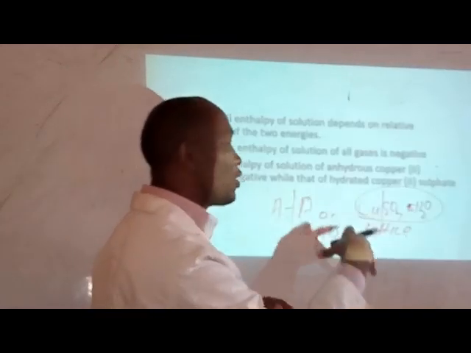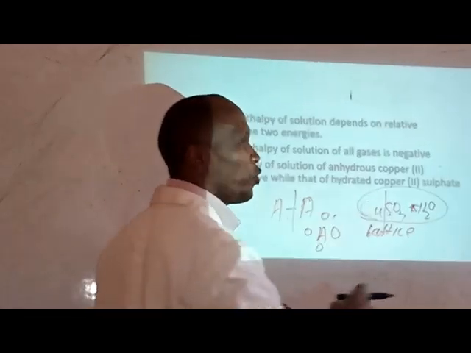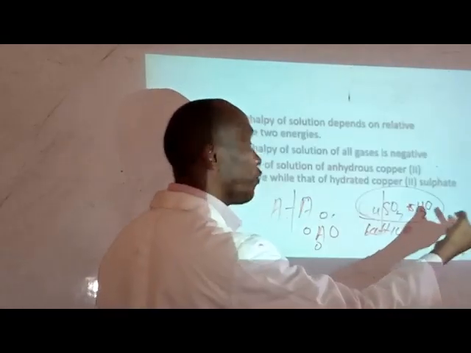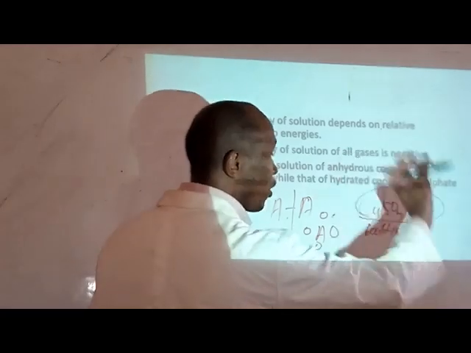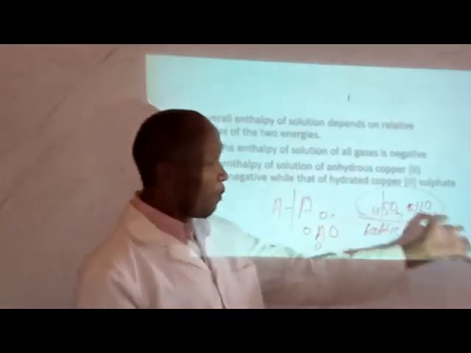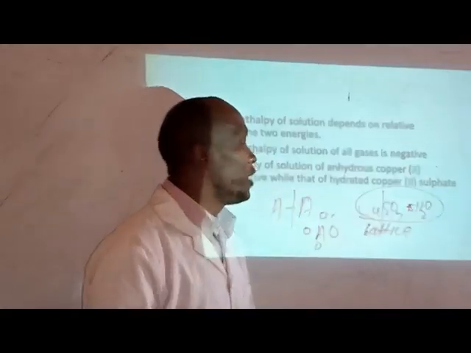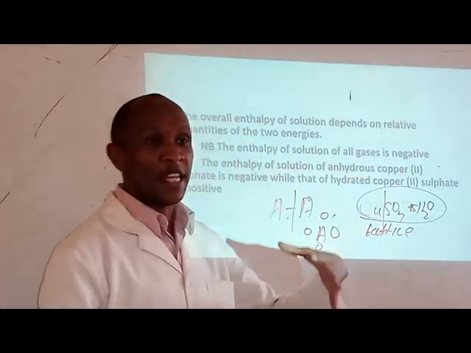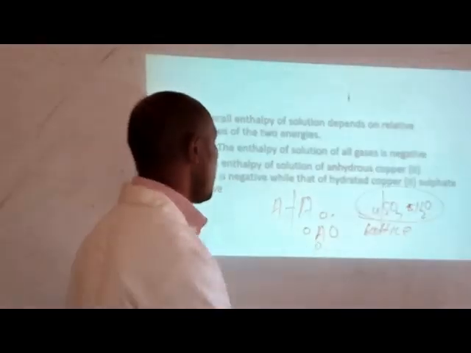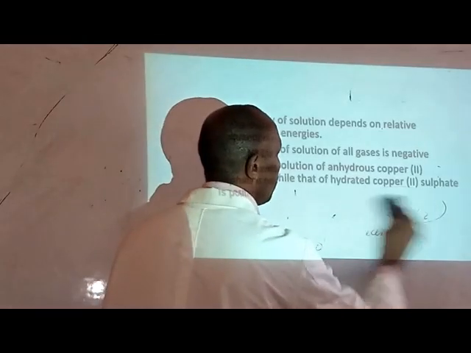As opposed to when you dissolve the anhydrous copper sulfate, you get a lot of hydration energy, because none has been given off. That is going to be more than the lattice energy. So you discover that dissolving hydrated copper sulfate is endothermic. You will need energy. But dissolving the anhydrous copper sulfate, some energy is going to be given off.